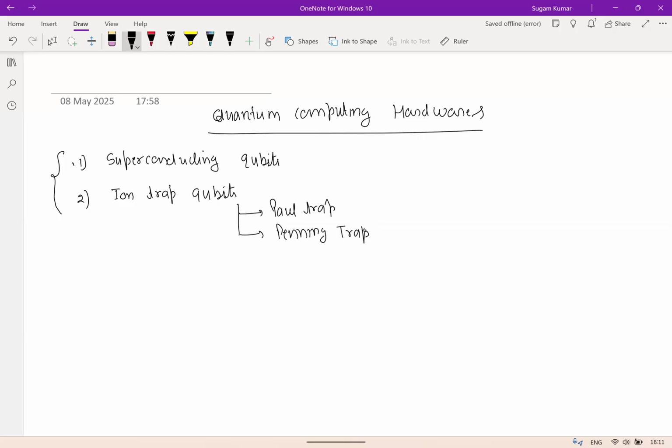So I am planning to discuss only these two categories: one is the superconducting qubits, the other is the ion trap qubits. First of all, I will focus on superconducting qubits.